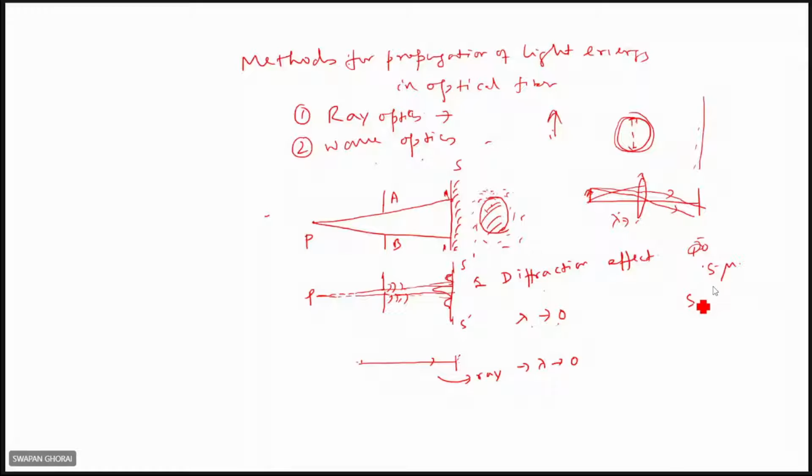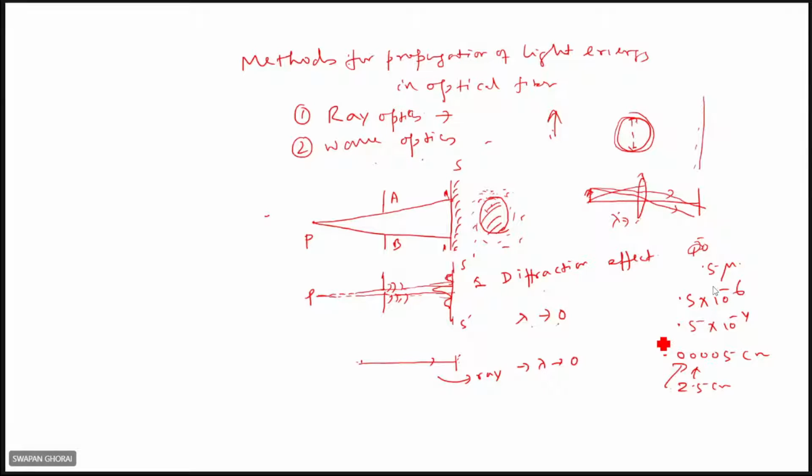That means it is 0.5 into 10 to the power minus 6 meter, that is 0.00005 centimeter. Suppose the lens dimension is 2.5 centimeter, whereas lambda is 0.00005 centimeter. So with respect to the dimensions, you can consider lambda as 0. That's why you are able to construct the rays here.